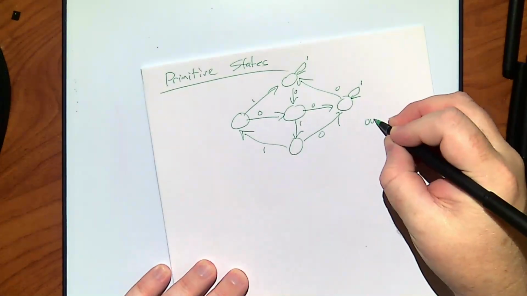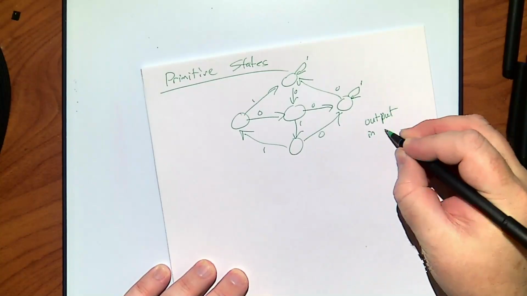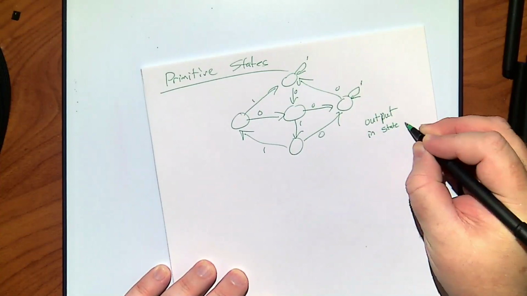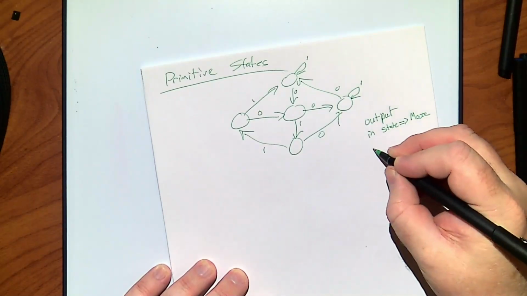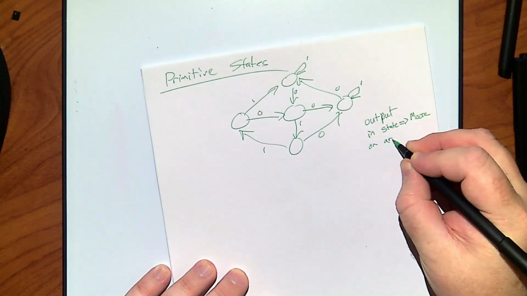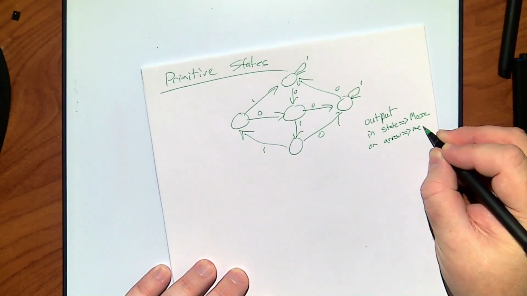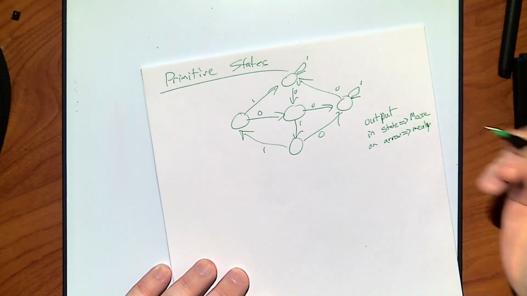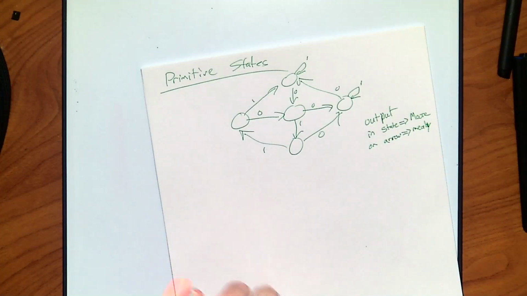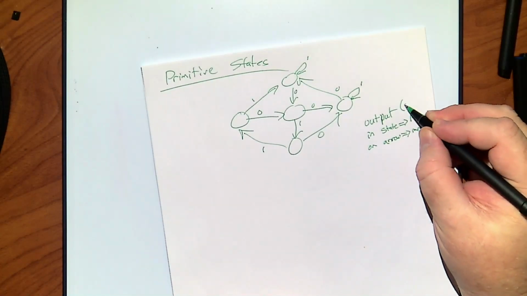So output, if it's in the state, then it's Moore. If it's on the arrows, then it's Mealy. And I probably should have capitalized it. It's last names of the people who did those design theories behind them, right? The outputs are always after a slash.